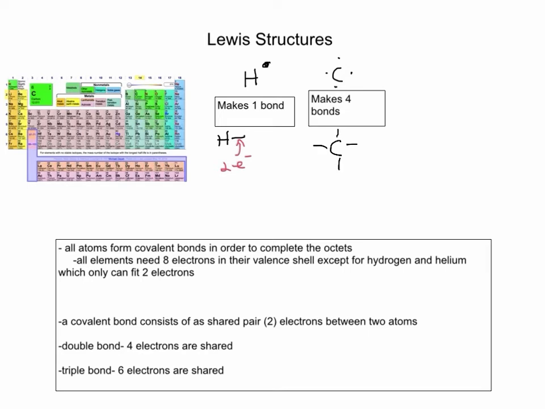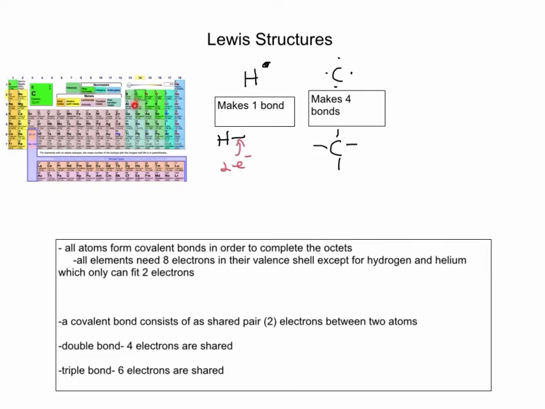Each bond can hold 2 electrons. Now notice that carbon is a really good atom to be in the center of a molecule because it can make so many different bonds. Hydrogen, on the other hand, can never be in the middle of a molecule because it can only make 1 bond. It cannot have anything coming off in the other direction.